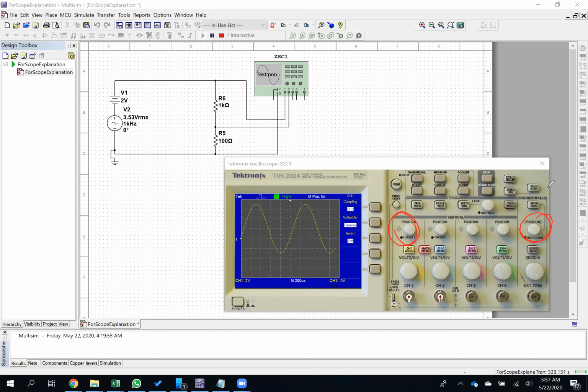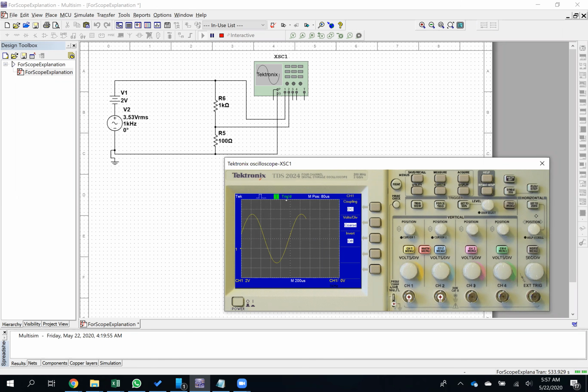So let me change the vertical position, and you can see I can move the waveform up and down. I can move it side to side, and moving it side to side can be handy when you want to take a measurement.